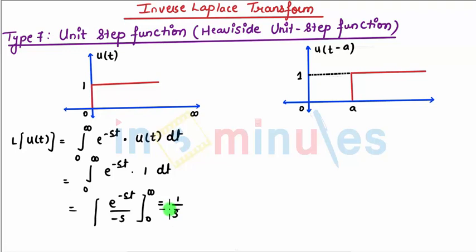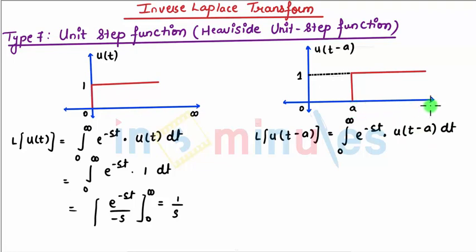In a similar way, when I find the Laplace of u of t minus a, that comes to be 0 to infinity e raised to minus st u of t minus a dt. As you can understand, u of t minus a starts at a and until infinity it is continuously 1.